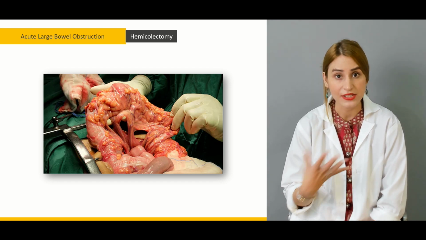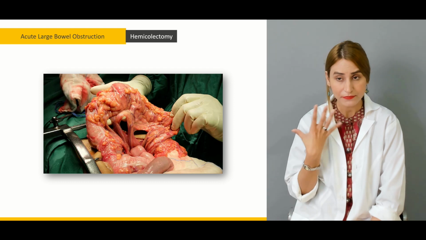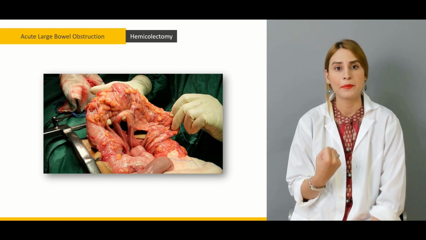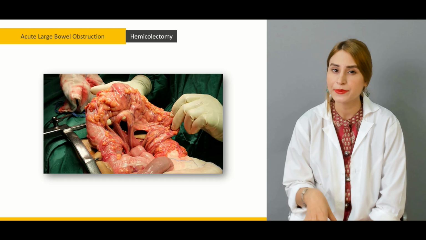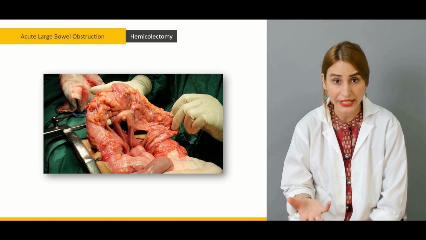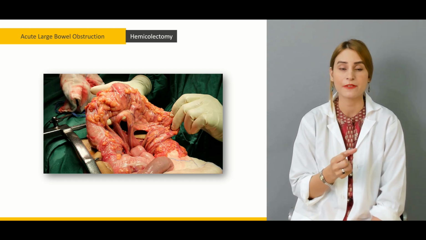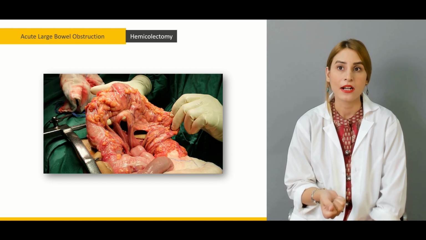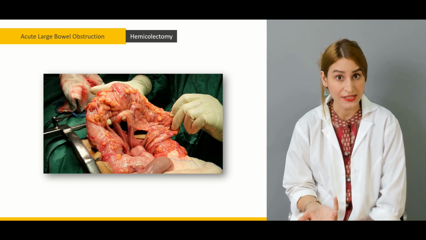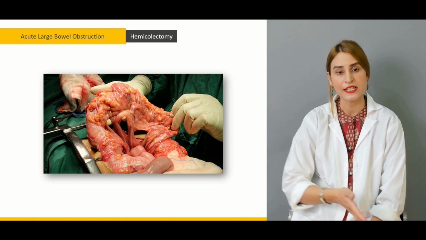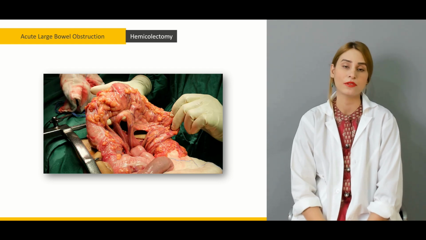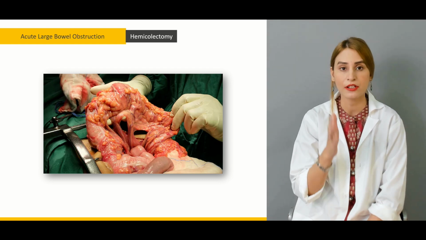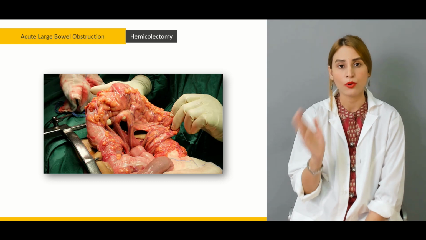Intramural causes include the diverticular causes, right? And in case of the extramural causes, there can be some ovarian cancer, which is compressing and causing the obstruction. There can be endometriosis. So we have divided into three. The causes for the acute large bowel obstruction can be intraluminal, extramural, or intramural.